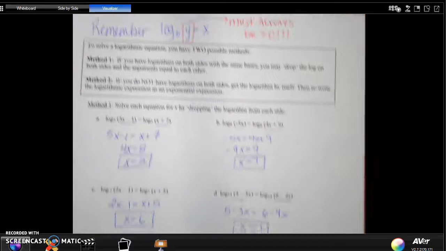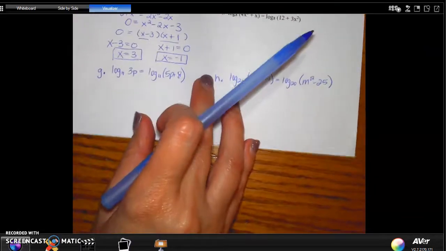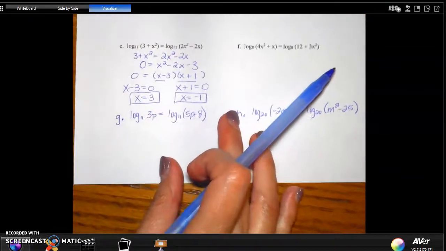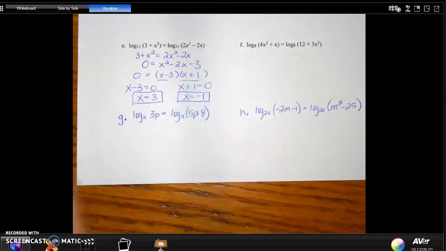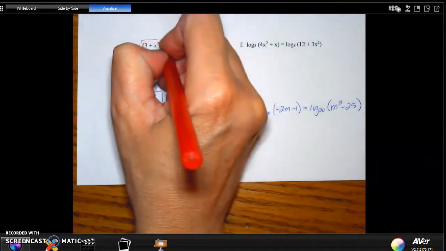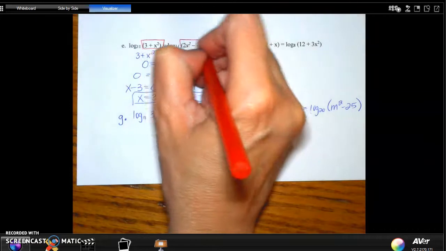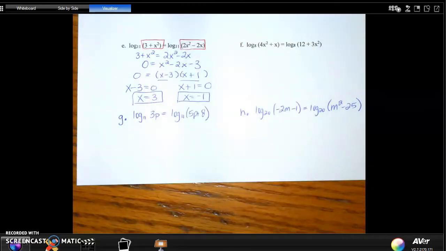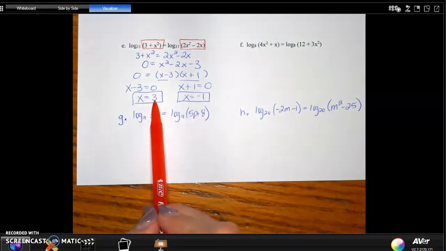So let's take a look at that down here in this problem that we just finished. In other words, I want to take a look at 3 plus x squared and 2x squared minus 2x, substituting in these x's that I have down here.